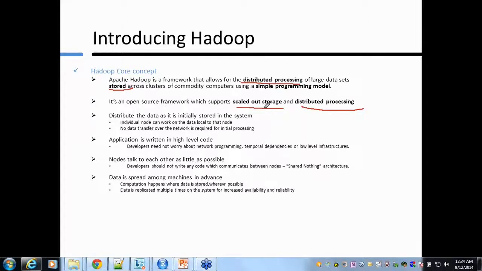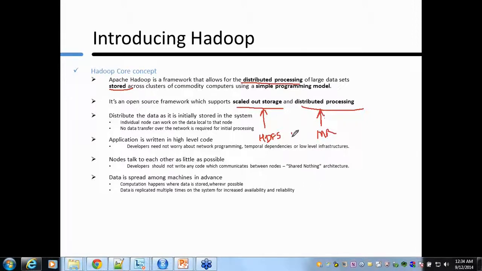And that problem will be taken care of by one of the components. The processing of the data will be taken care of by another component of Hadoop which is called MapReduce, MR.